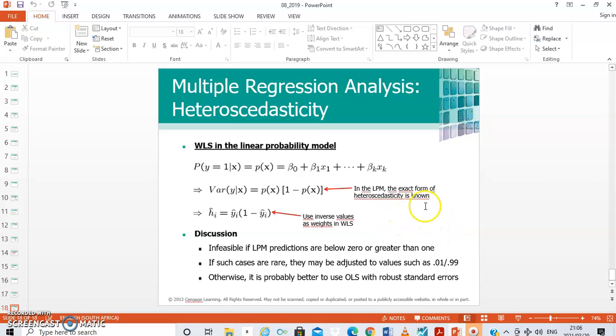Anything beyond 1 or below 0, and these predictions become invalid and you can no longer use the weighted least squares. So that is the main thing that you should take note of. If that is the case, then rather use the OLS with robust standard errors. And that is basically it. Okay, so that brings us to the end of the lecture.